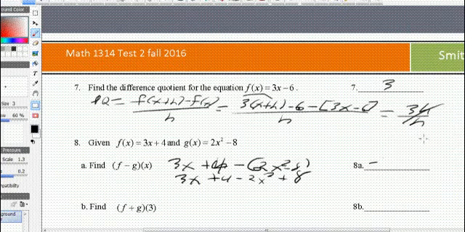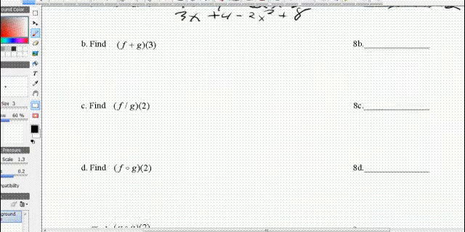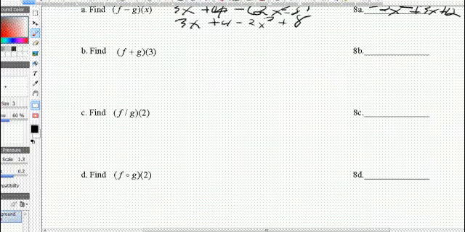That becomes minus 2x squared plus 3x, and plus 8 plus 4 becomes 12. Watch the signs.